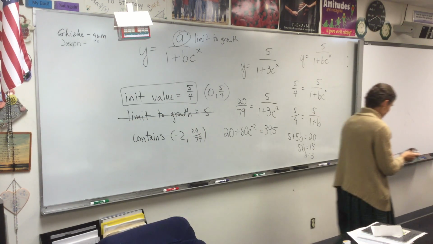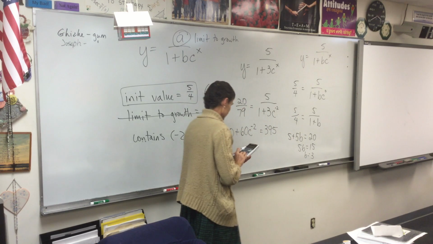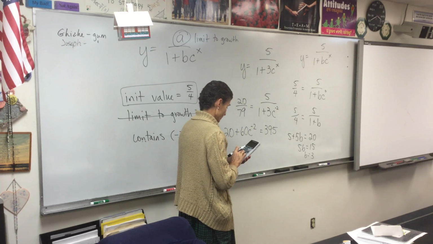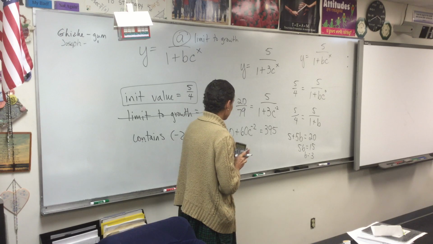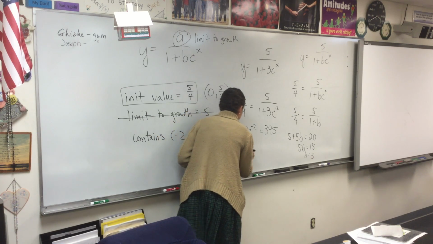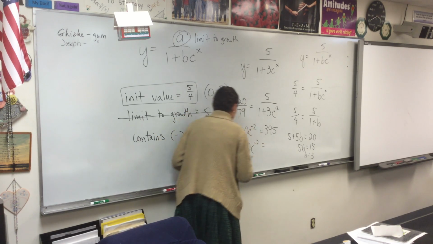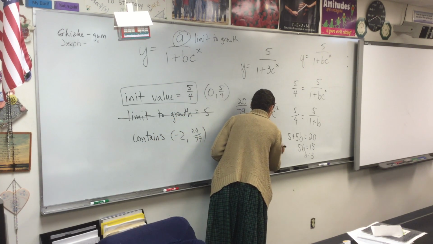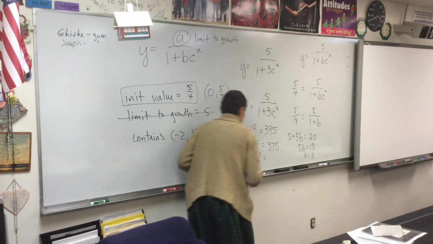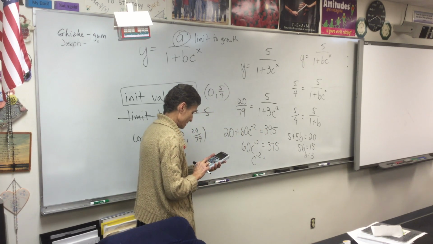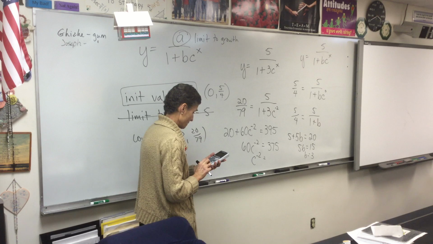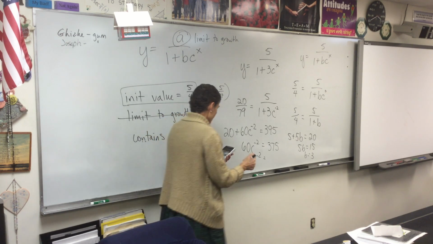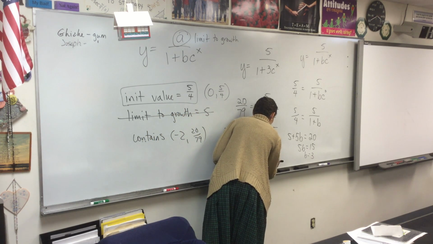Is that right? I don't trust my arithmetic. Yeah. So 60C to the negative second equals what? 375? And C to the negative second is 25/4.